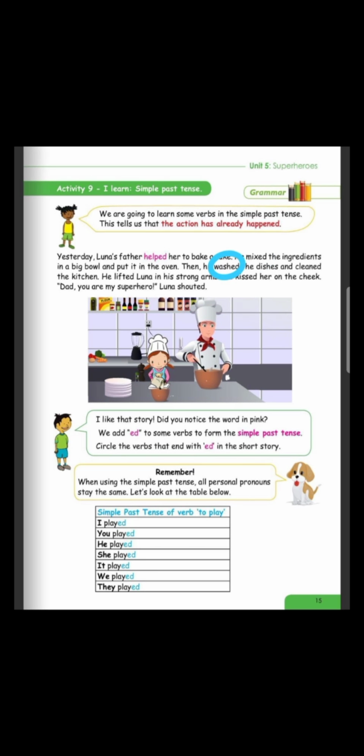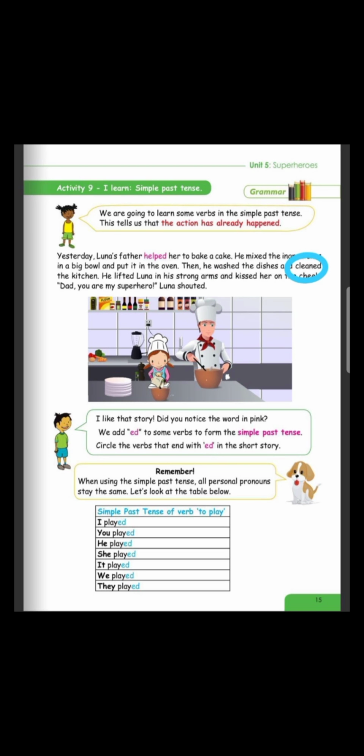Then he washed the dishes and cleaned. Cleaned. It ends with ed, so we have to circle it. Clean, cleaned. In the simple past tense, we add ed. Let us circle cleaned.